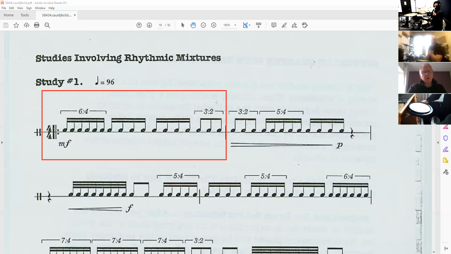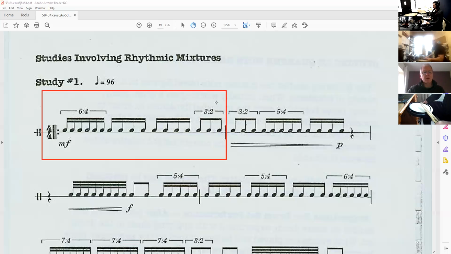Again, 1 and the 1 and the 2 and, sorry, that was my fault. 1 and the 1 and the 2 E and the 3 E and the 4 and the 1.